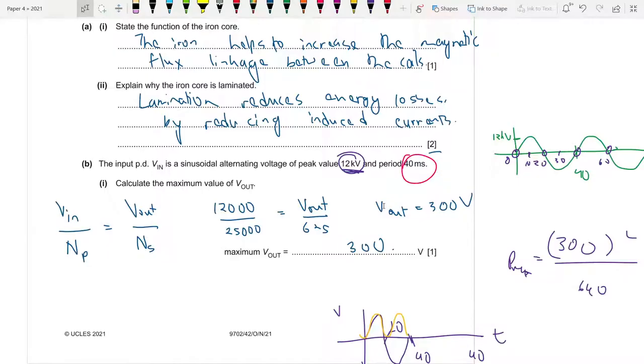For current, it's the reciprocal, the other way around. So 12,000 volts, 12 kilovolts, divided by 25,000 turns is equal to V out divided by 625 turns. If you do the math, you're going to get a value of 300 volts.